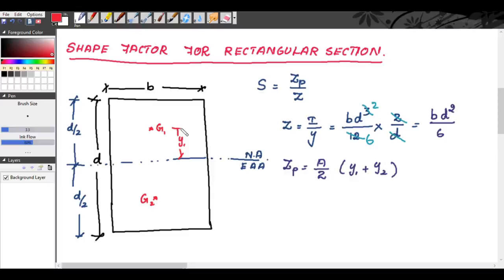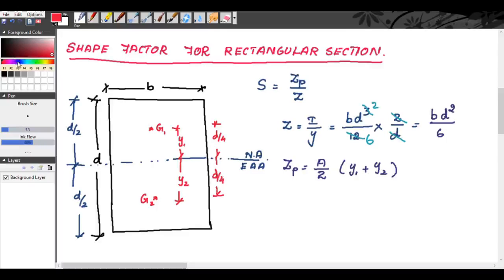This is Y1. And here, from the equal area axis to the centroid of the second half, that is Y2. So here Y1 is equal to D by 2 divided by 2. So we get D by 4. So this distance is D by 4. Again, this distance is D by 4.